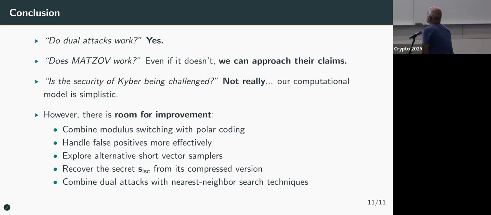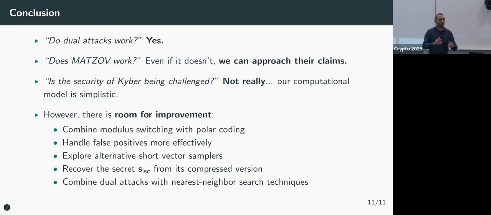So the parameters of Kyber are too large to test this experimentally. Did you try to support your analysis with any kind of experiments on smaller parameters? Yeah. So first, there are several experiments that we've done. First, for polar codes, to prove that polar codes are well suited for our work.